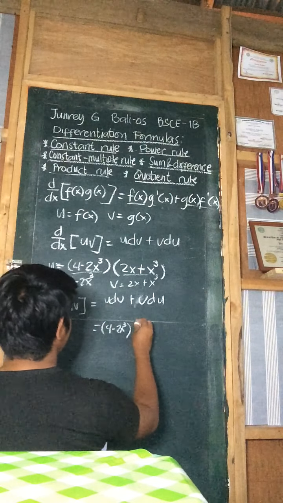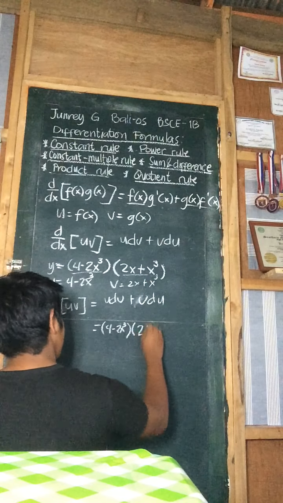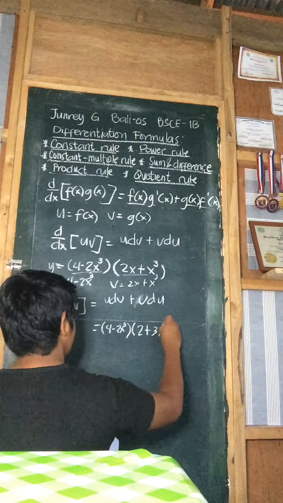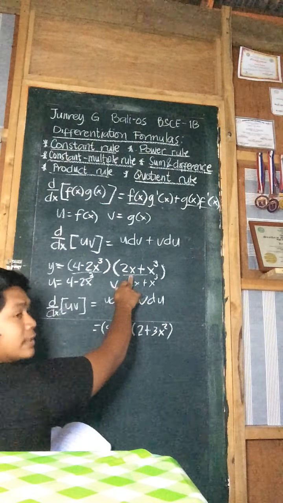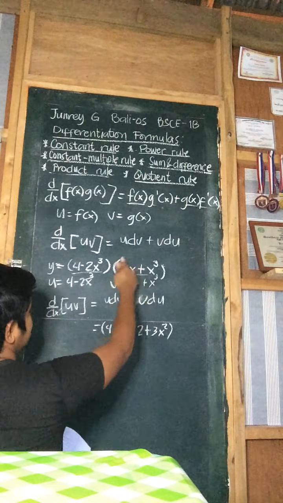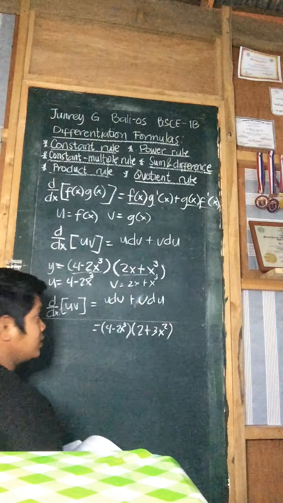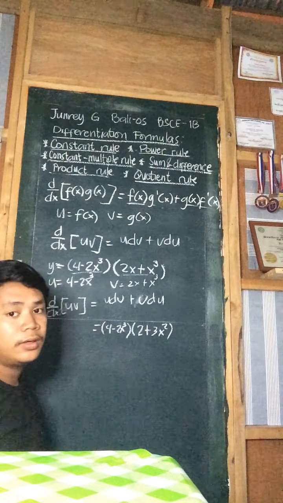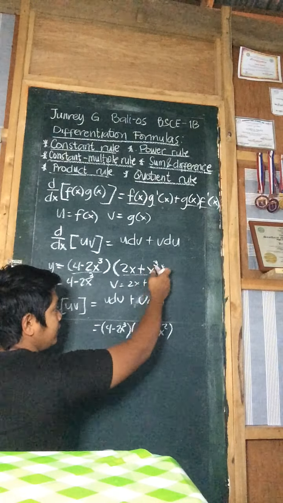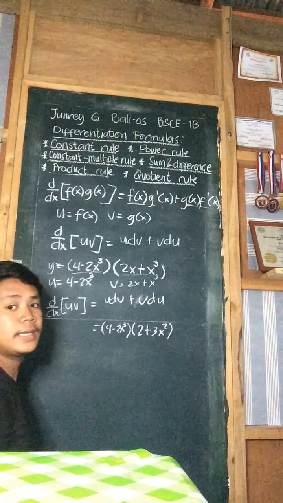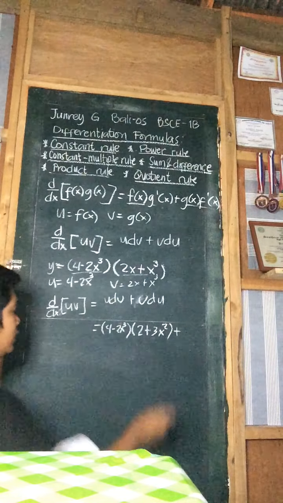The derivative of v is 2 plus 3x squared. Diba? 2 plus 3x squared kasi 1 dito, so 2 times 1 is 2, then x, 1 minus 1 is equal to 0, so wala ng x, so magiging 2 na lang ang derivative nito. Then ito din, 3, so put the 3 here, then x, and 3 minus 1 equals 2, so magiging 3x squared.